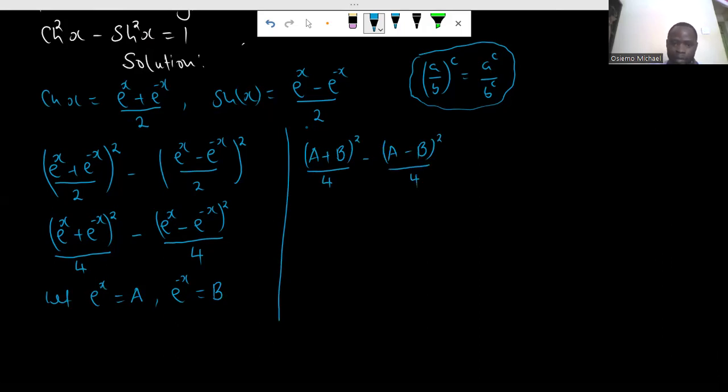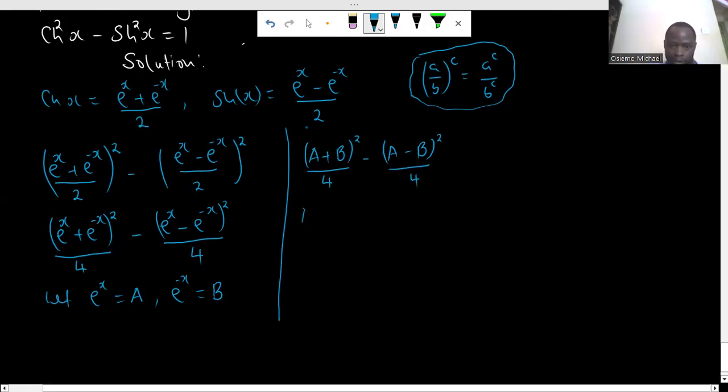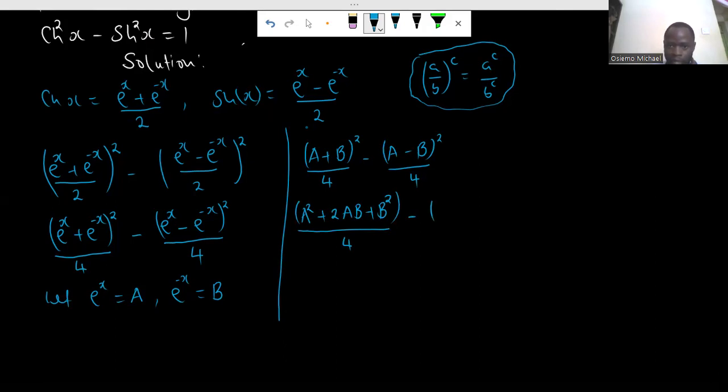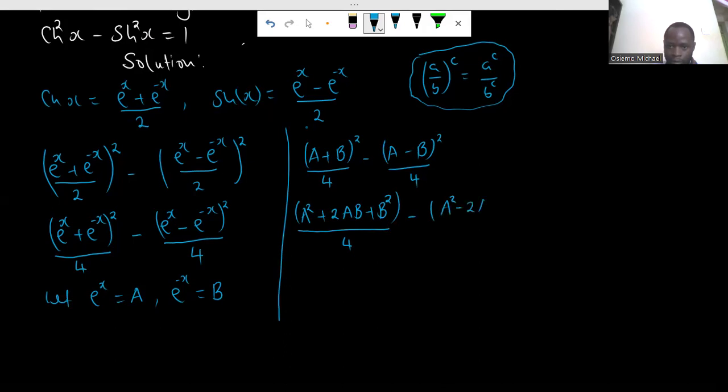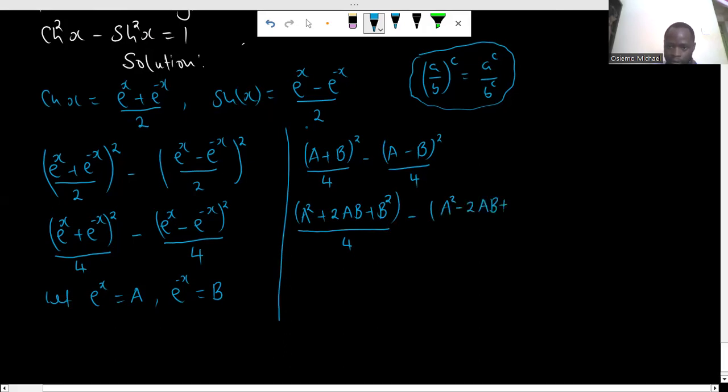If you expand a plus b squared, you get a squared plus 2ab plus b squared, over 4, minus, a minus b squared, a squared minus 2ab plus b squared, again over 4.